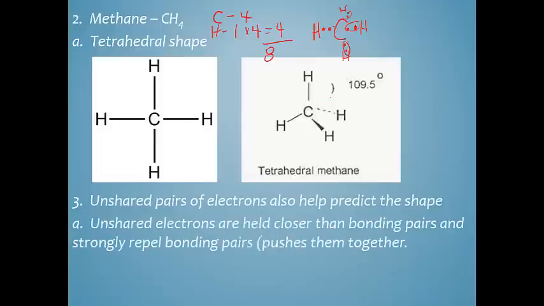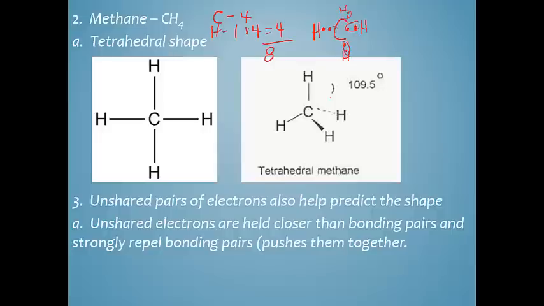The unshared electrons are going to be held really close because they're not technically bonded with anything, so they're held closer than the bonded electrons, and they have a very strong repulsion. And so they're going to push everything else a little bit further together so that they can have a little bit more room.